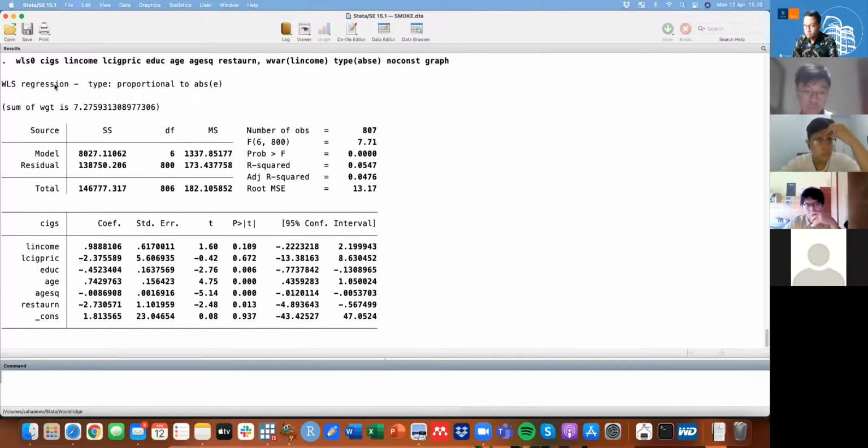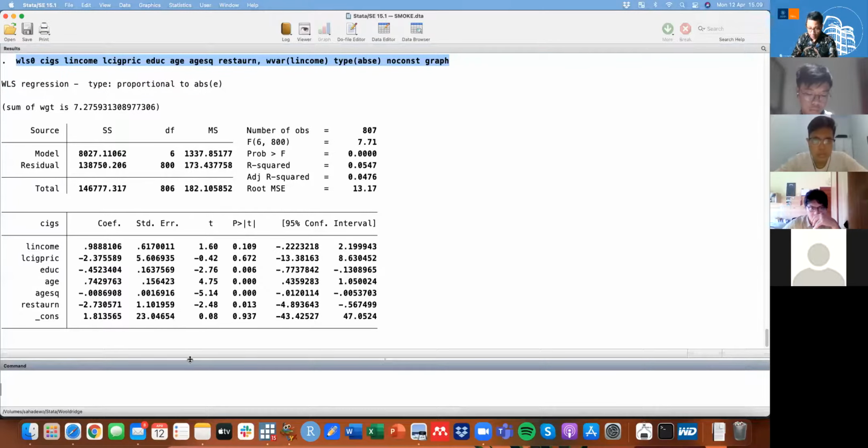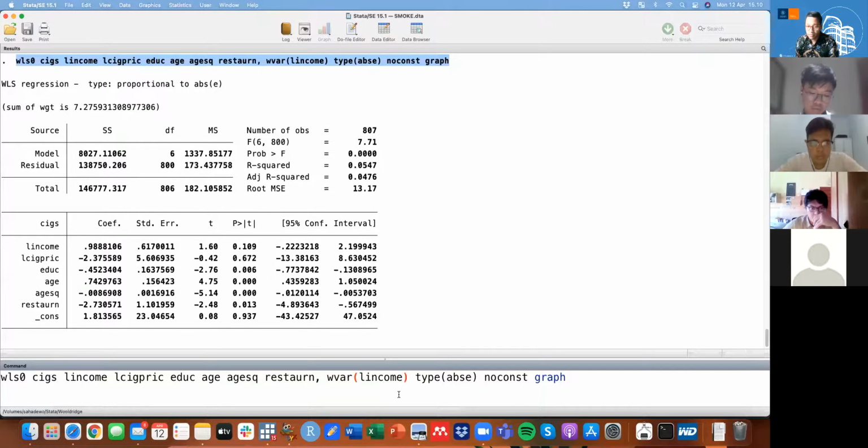Okay, so I'm going to try again. Instead of just using log income, I'm going to use log cigarette price. You can also use education, age, age squared as your weighting variable.